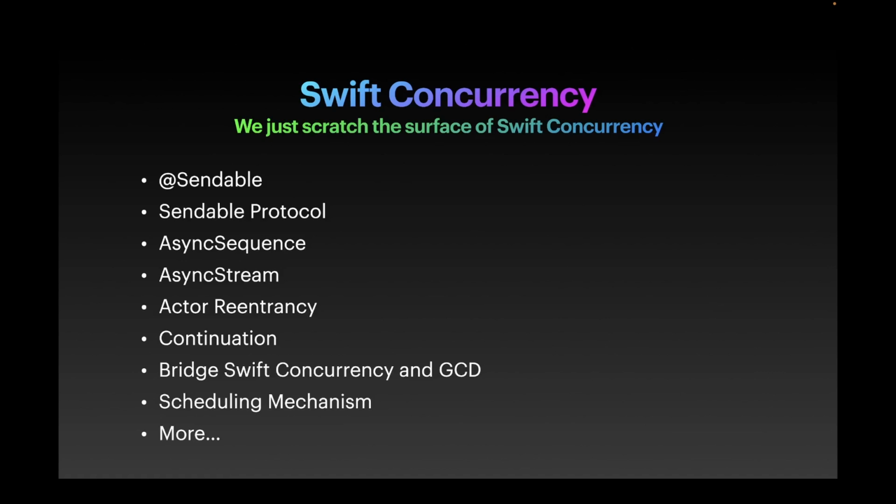They're quite important. You have also seen async sequence before, and you might want to know about async stream, which is how you implement an async sequence. And you also want to know about actor reentrancy.